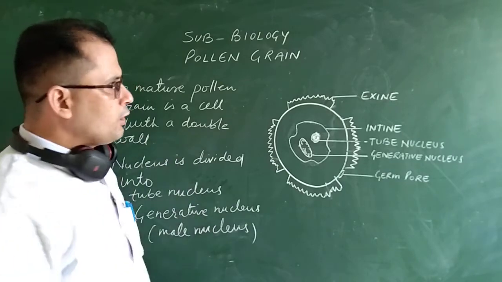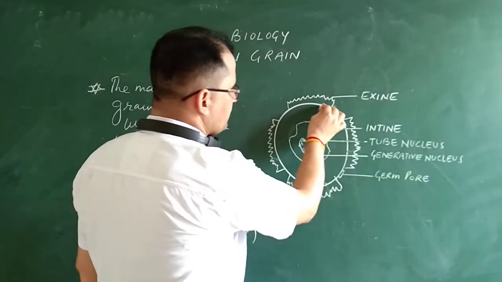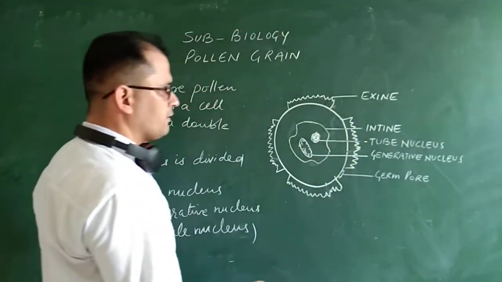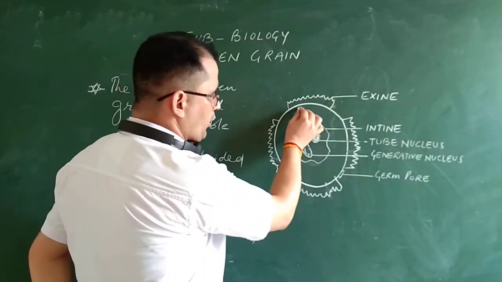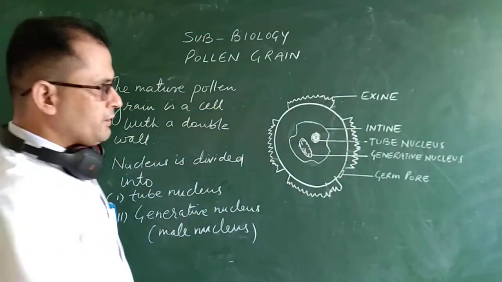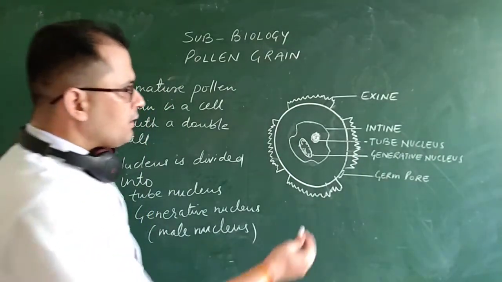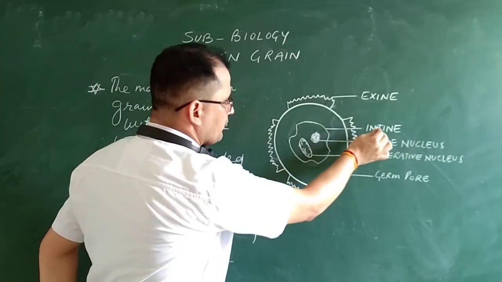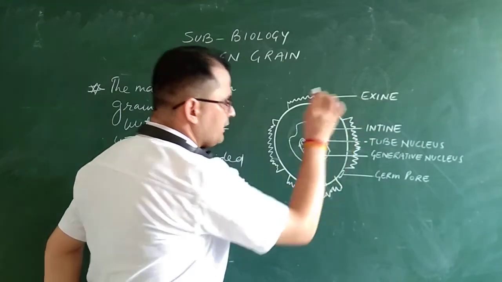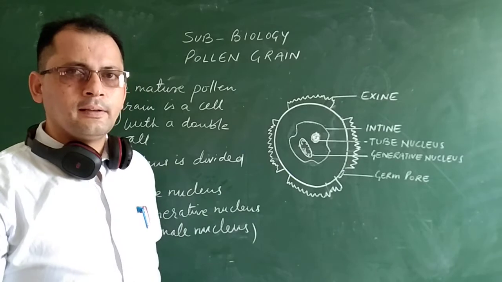So the outer wall, you can see here beta, this is the outer tough wall, and this wall is known as exine. The outer wall of the pollen grain is known as exine. So this is the outer tough wall of the pollen grain. The inner wall is known as intine, I-N-T-I-N-E, intine is the inner wall of the pollen grain.